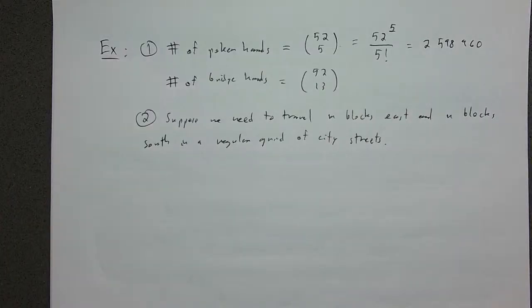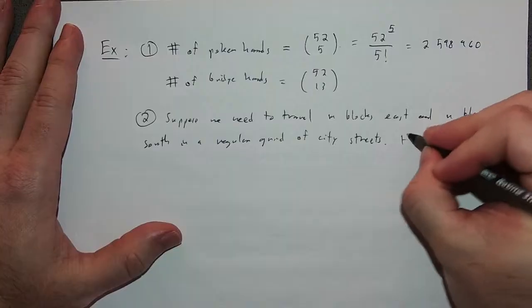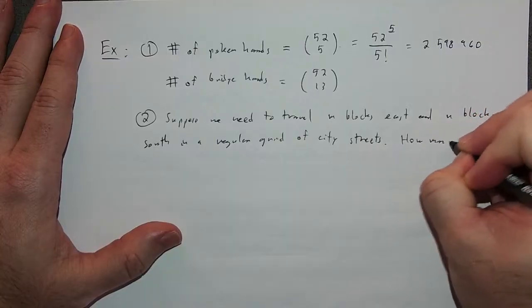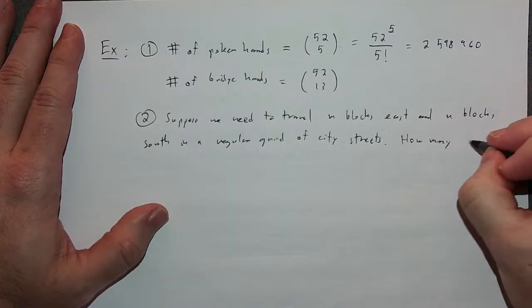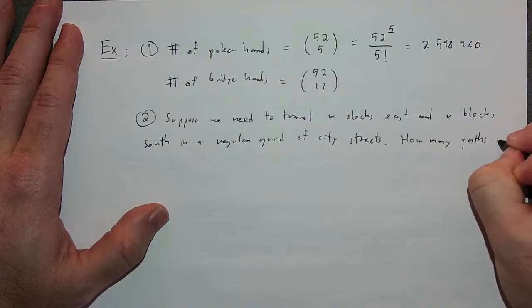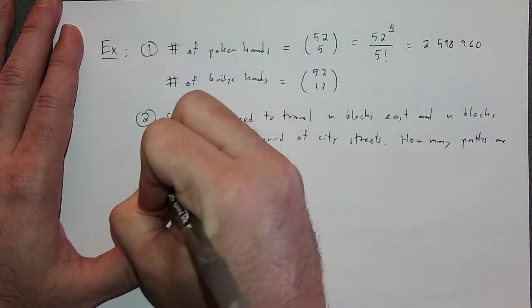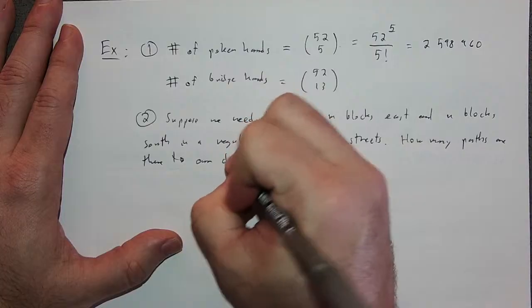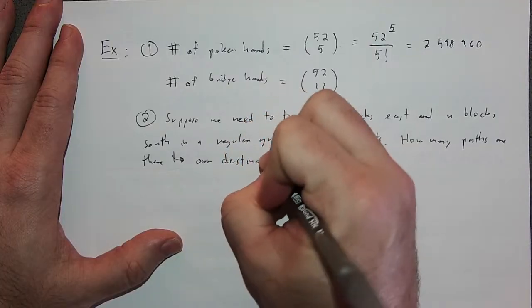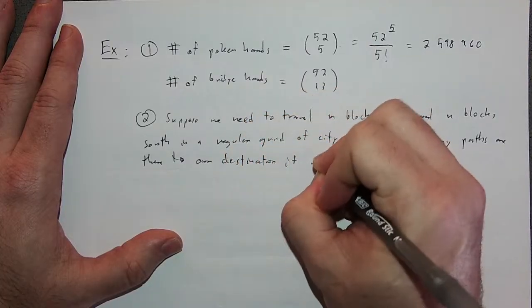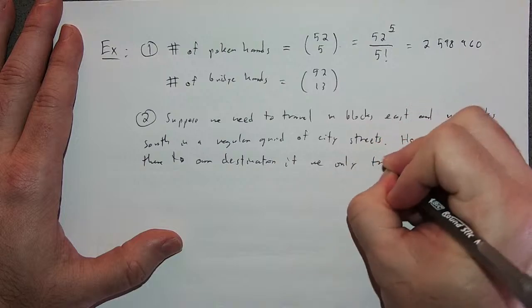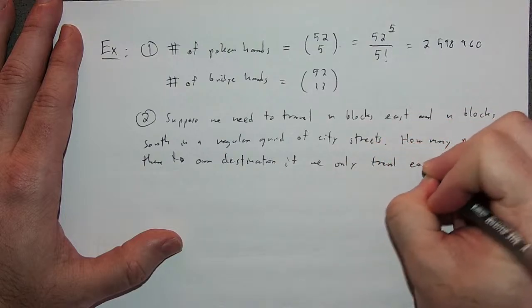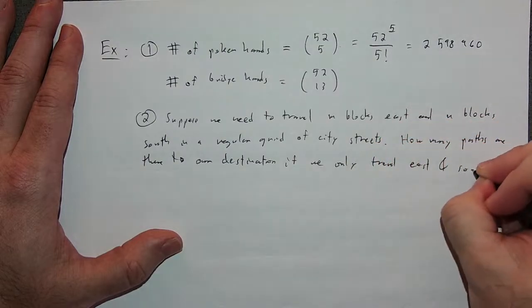How many paths are there to our destination if we travel only east and south?